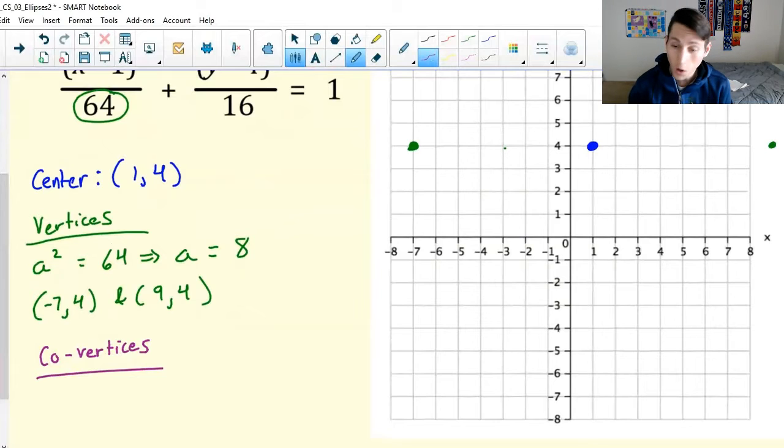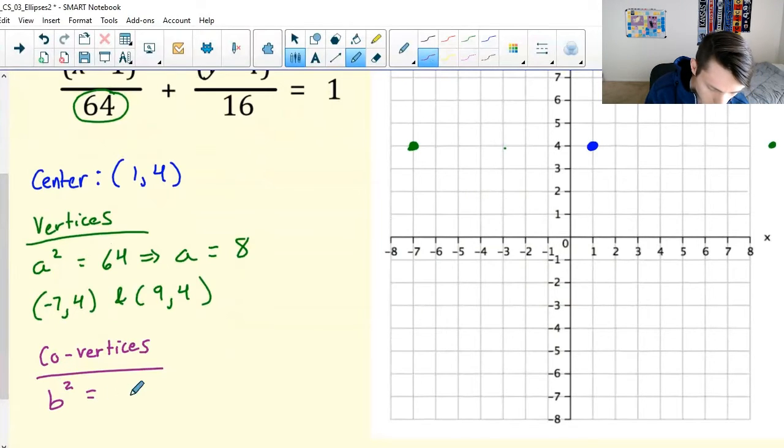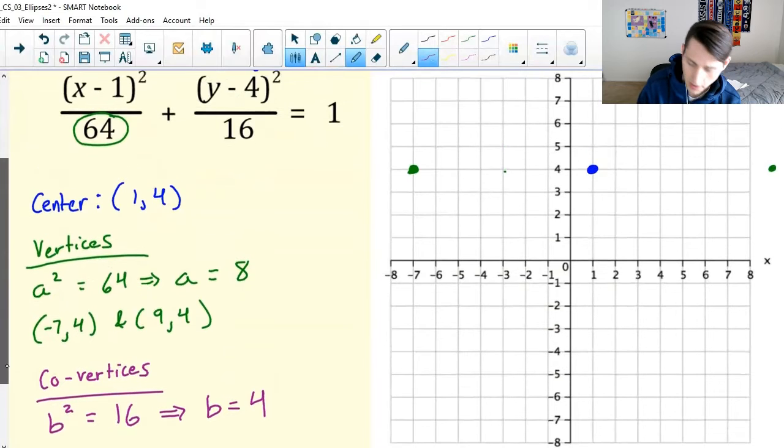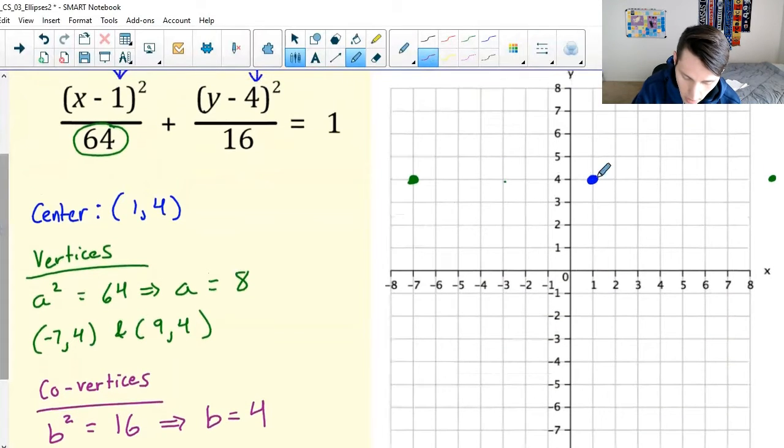So let's move on to the co-vertices, which will be on the shorter, minor axis, right? So above and below the center, since it's a horizontal ellipse. Co-vertices are based off of b squared. b squared is the smaller of the denominators, which in this case is 16, so the value of b is 4. If I start at the center, the co-vertices should be up 4, 1, 2, 3, 4, and down 4, 1, 2, 3, 4.